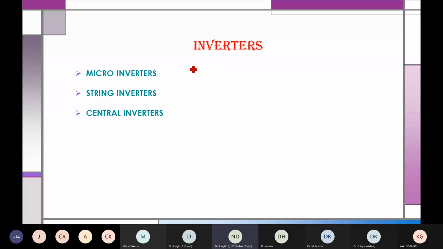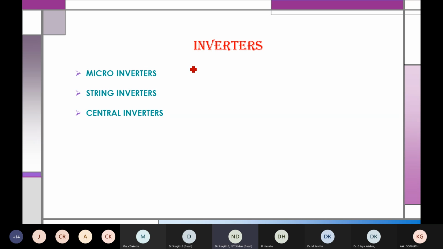If you want to step down, we'll go for a buck converter. If both operations are needed, then it is a buck boost converter. The advantage of the buck boost converter is that both can be done, either step up or step down depending upon the requirement, whereas buck means only step down and boost means only step up. But one problem with the buck boost converter is that the range is limited.